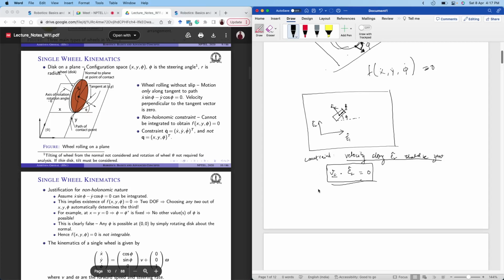But when we are talking about e2, for that point of contact, we are not going to take into account the rolling velocity of the wheel, because at the point of contact we are assuming that this is also 0. So the overall velocity is only governed by the velocity of the center of mass.